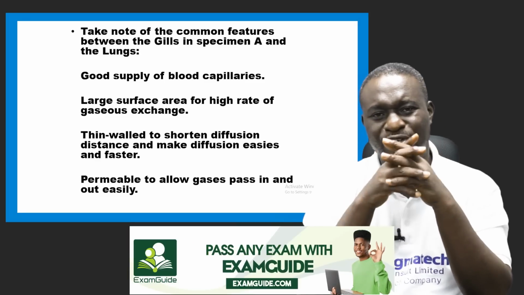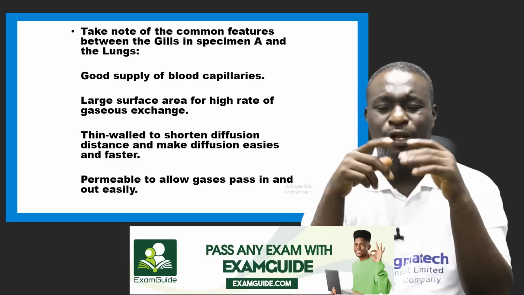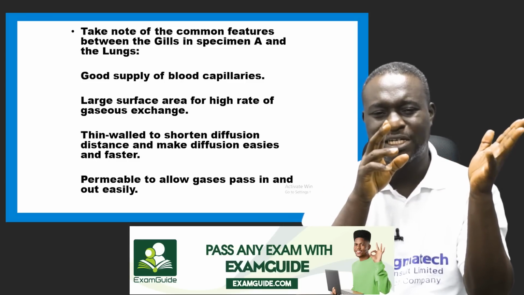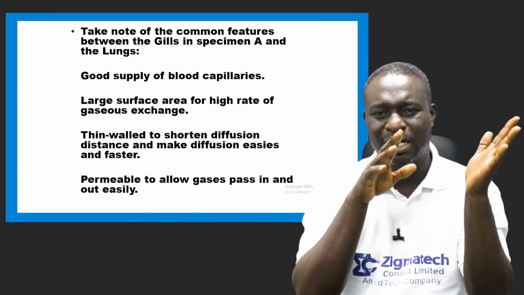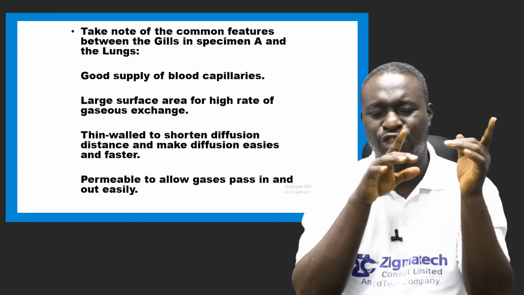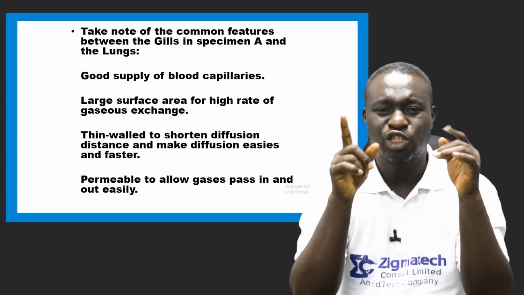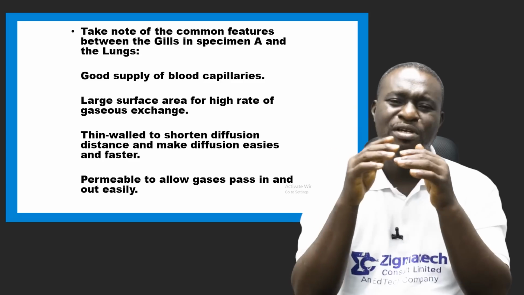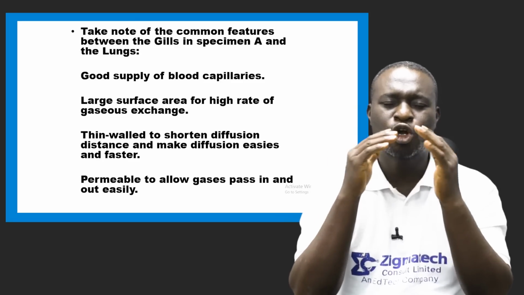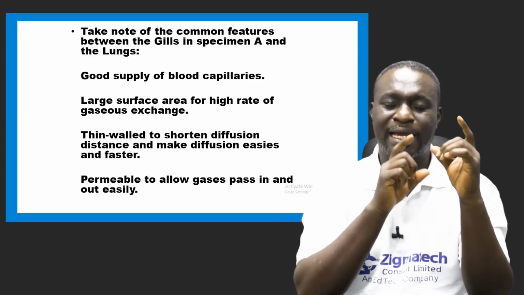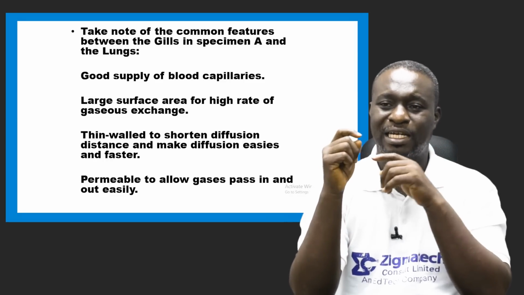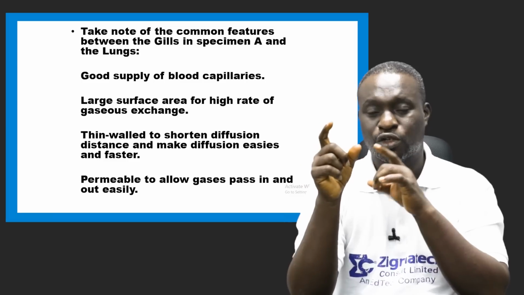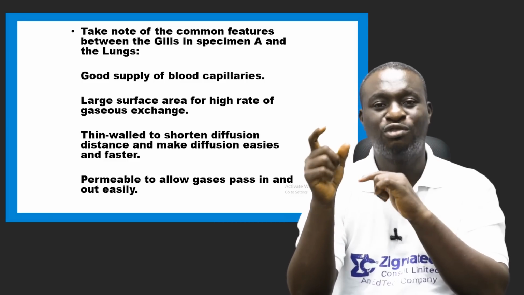Remember, the gills of the fish is specimen A, while the lungs is specimen C. There was a little error I made: I said take note of the common features between specimen A and B. It is supposed to be common features between specimen A and C. Let me highlight at least 4 common features between the gills of the fish and the lungs of domestic fowl.